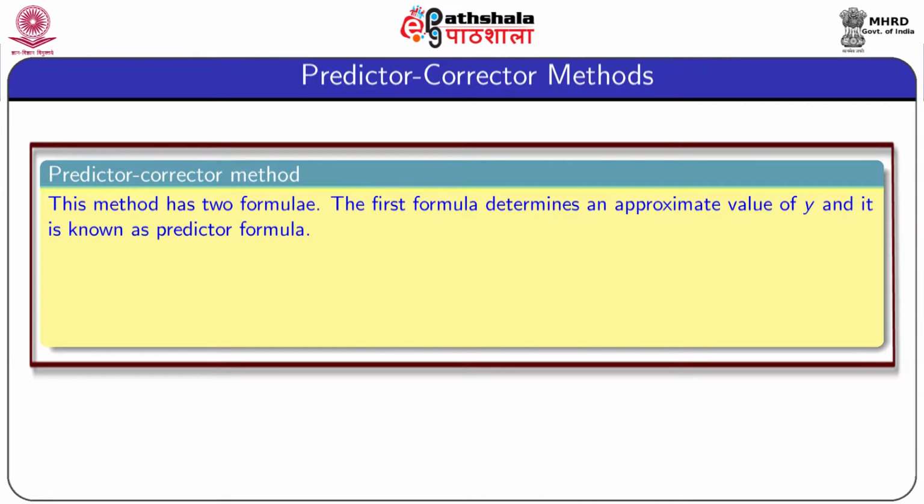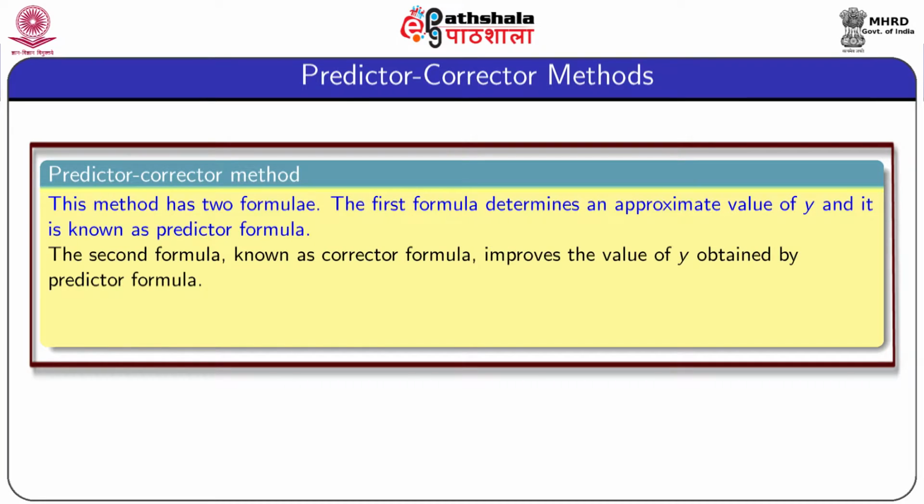Now, we consider the predictor-corrector method. This method has two formulae. The first formula determines the approximate value or the predicted value of y, and it is known as the predictor formula. The second formula, known as the corrector formula, improves the value of y obtained by the predictor formula.